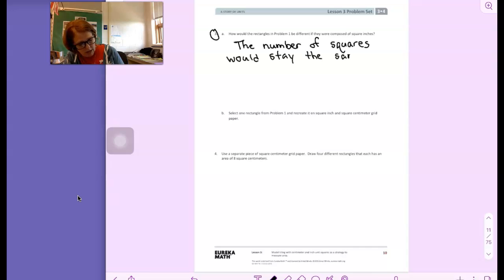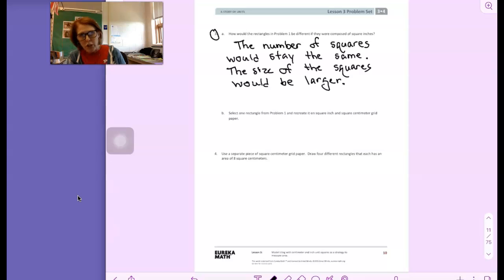What would change, since we're changing the unit of measure and an inch is bigger than what the square unit is, the size of the squares would be larger. So since we change to a larger unit of measure, the square inside the area is going to get larger.